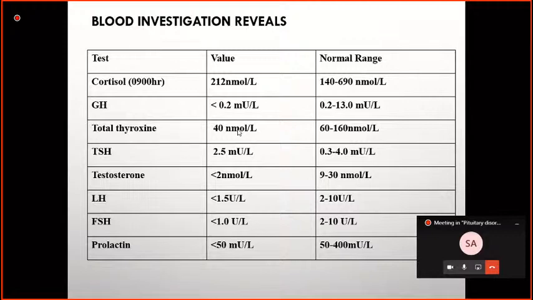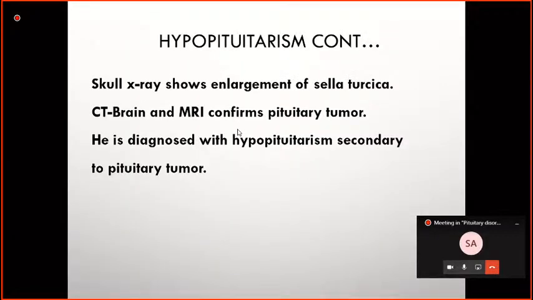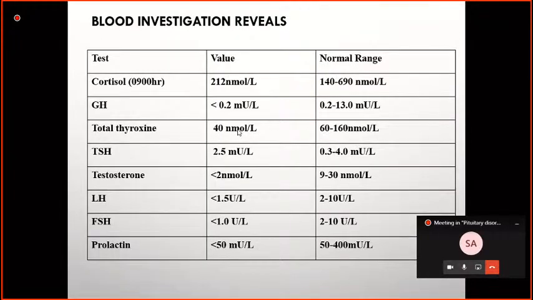So why is cortisol not low? Why is cortisol normal? Only the corticotropes are not affected.